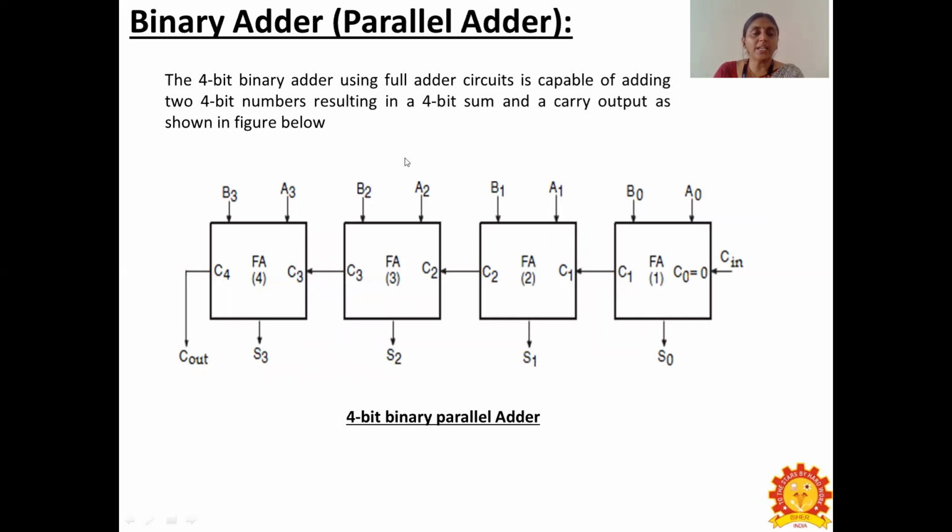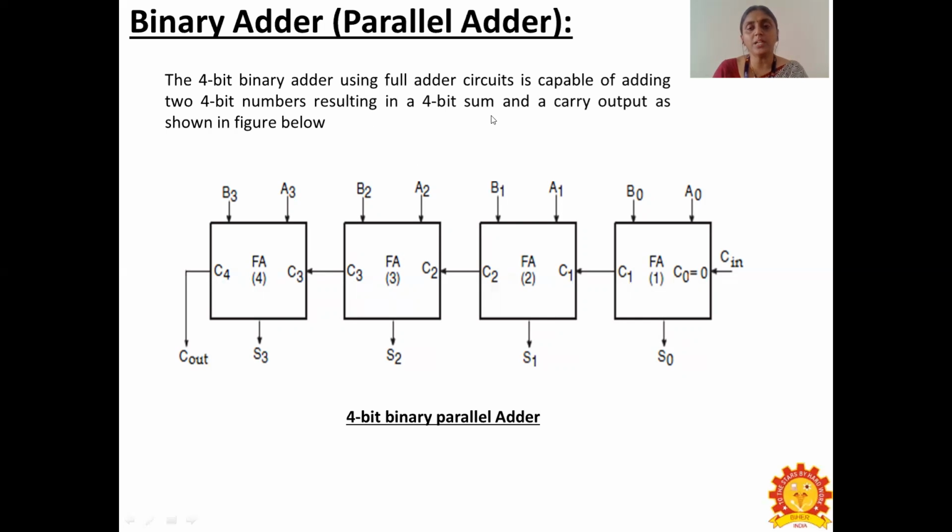And here is the binary adder, that is the parallel adder circuit, which is given here involving the full adder. The 4-bit binary adder using full adder circuits is capable of adding two 4-bit numbers, which results in a 4-bit sum and a carry output, as mentioned in the diagram.